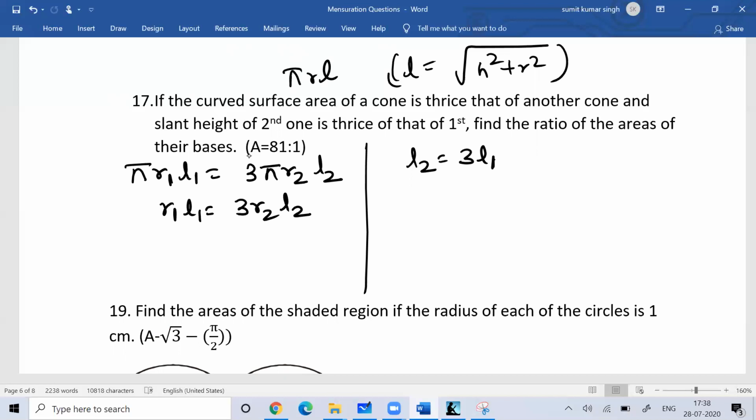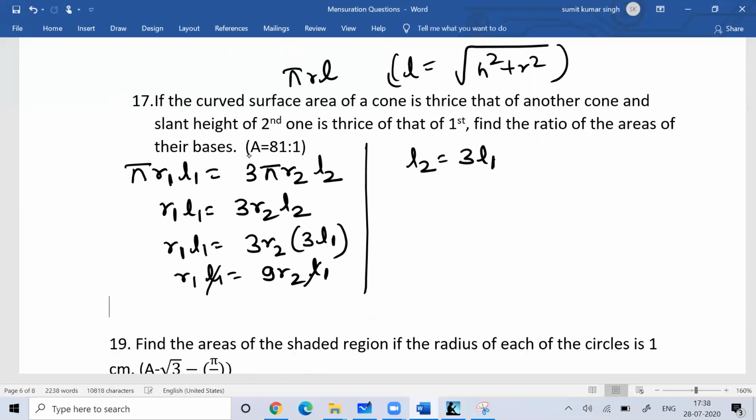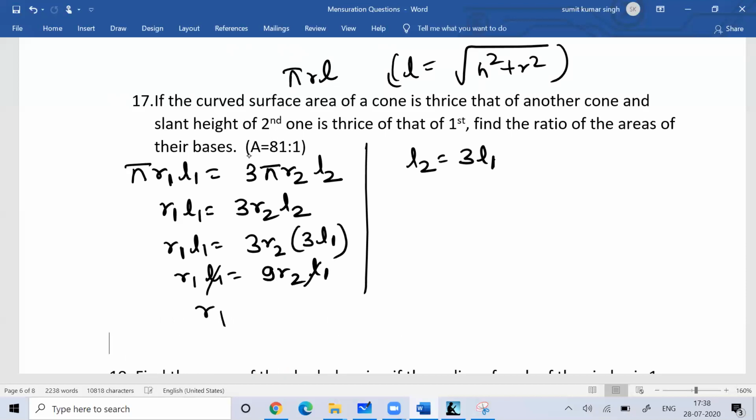So I can write R1 L1 is equal to 3 R2 into 3 L1. So this is R1 L1 is equal to 9 R2 L1. So L1 and L1 I can cancel. So I can say R1 is equal to 9 times R2. This relation I can get.